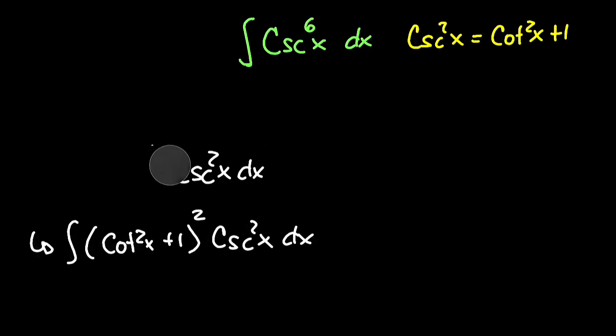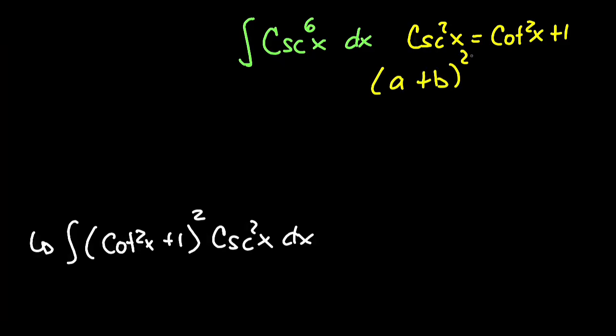The next step would be to expand this expression. If you recall, a plus b squared is equal to a squared plus twice of ab plus b squared, wherein a here is cotangent squared of x and b is 1.